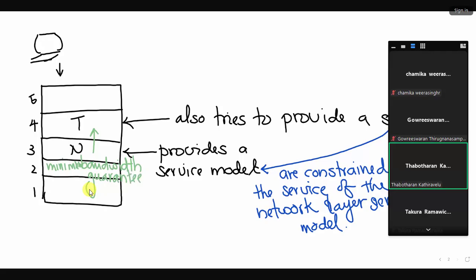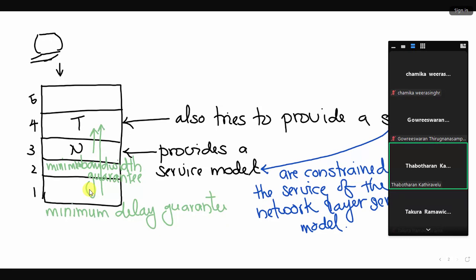Otherwise, we cannot develop an application that can use any of these network layer protocols and can send and receive data. So if there is no minimum bandwidth guarantee, and also no minimum delay guarantee, meaning I will try to send data at least within this amount of time, then the layer should provide these guarantees.